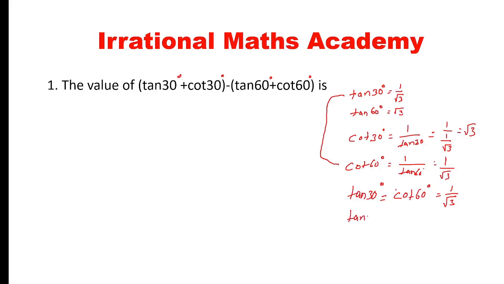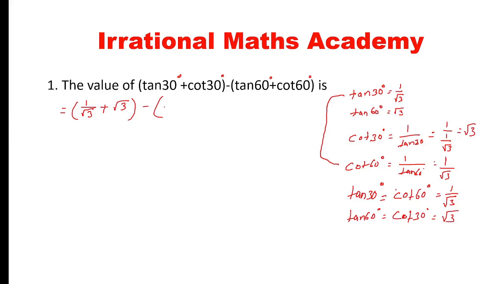Tan 60 and cot 30 are also the same. Now we'll substitute the values. Tan 30 is 1 by root 3, plus cot 30 root 3, minus tan 60.